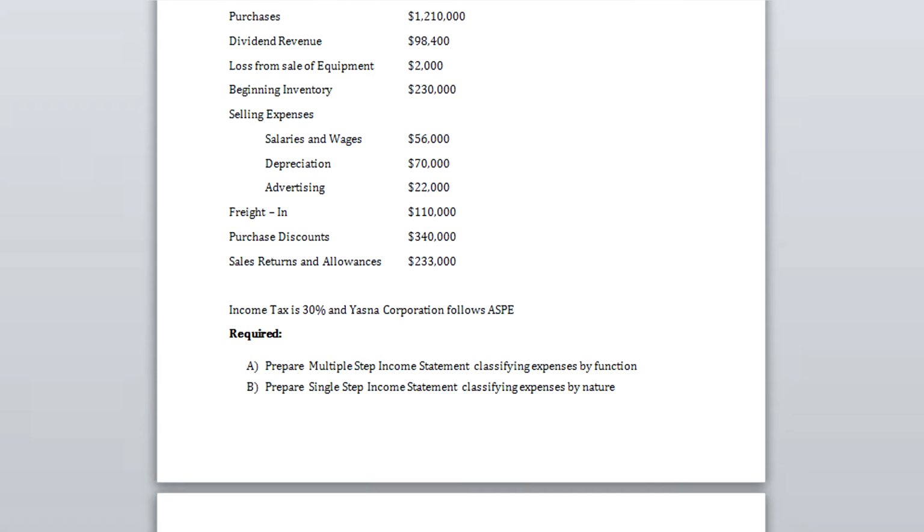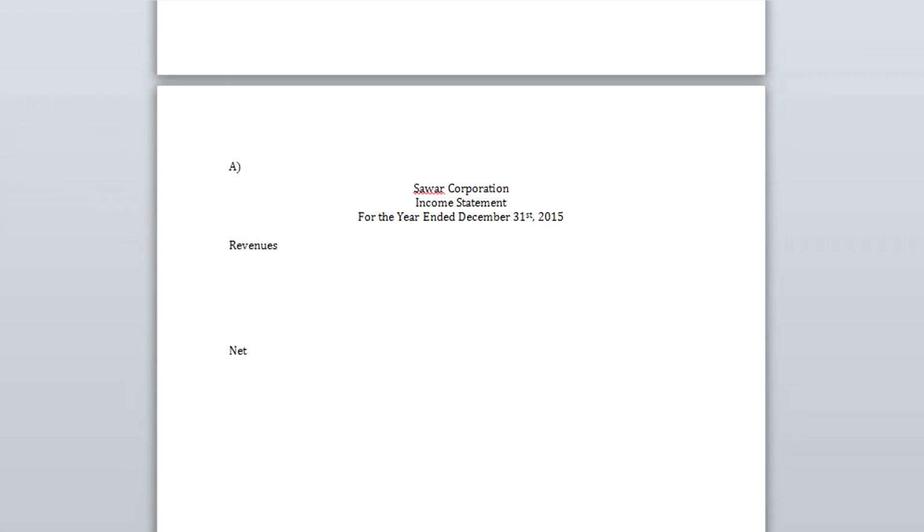And remember that net sales equals sales minus sales returns and allowances minus sales discounts. Okay, I hope you can recall this. So always in our revenue section, we're trying to calculate net sales.